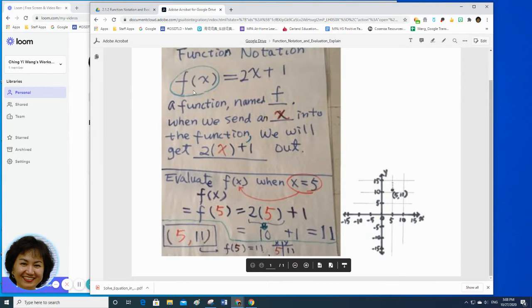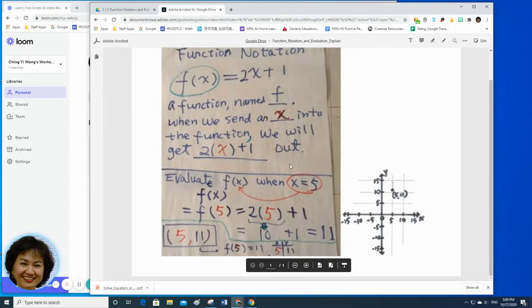That's wrong. This is a notation of a function, and this part is to tell you what that function actually does. Now we have the definition of this function, so we know what this function does.